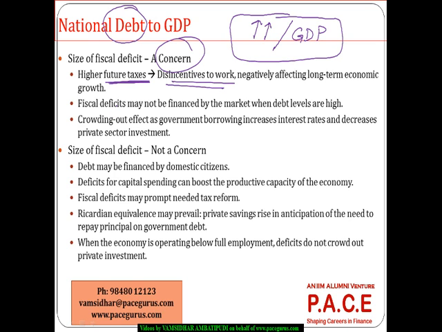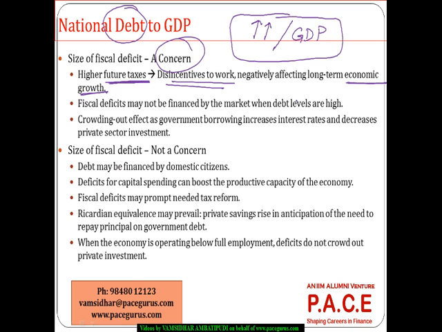Why should I work if I have to pay more and more taxes? This incentive to work comes up, and that will have a big impact on the economic growth. So the country has to handle the ratio quite effectively. The size of the debt cannot be significantly higher in comparison with the GDP.